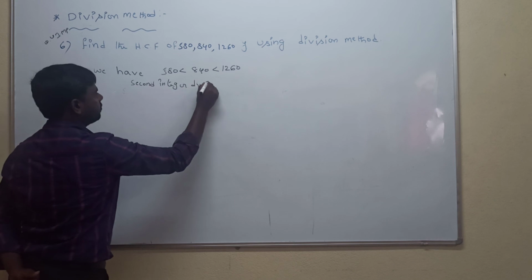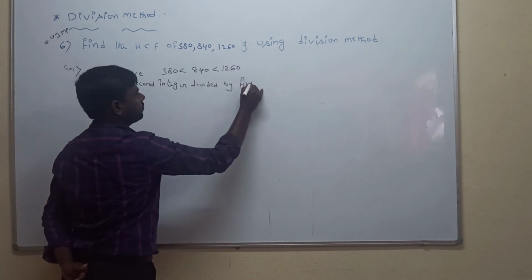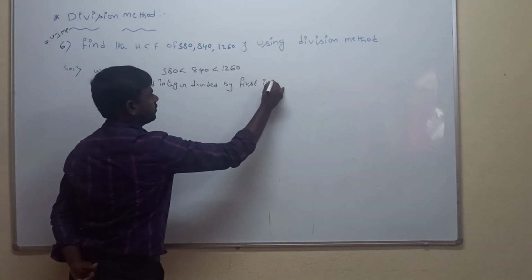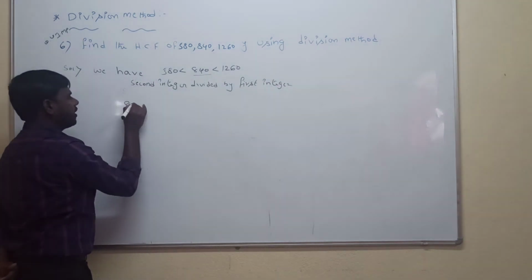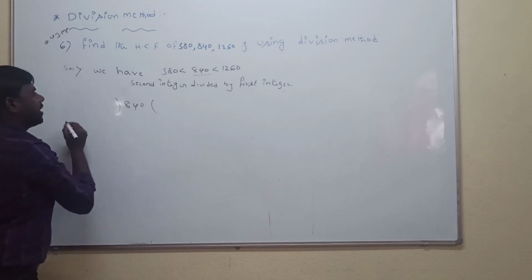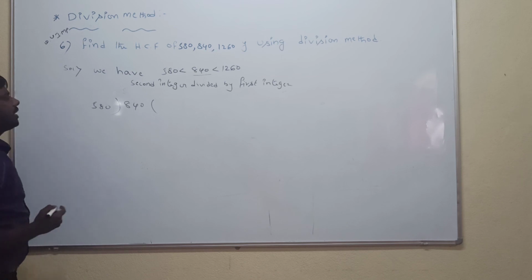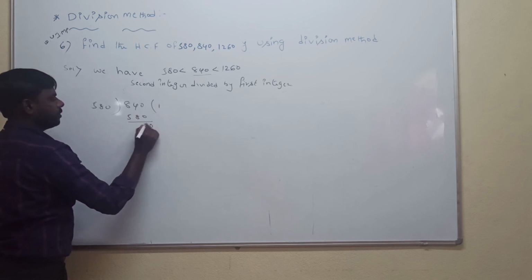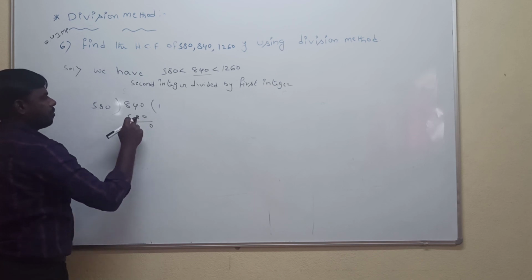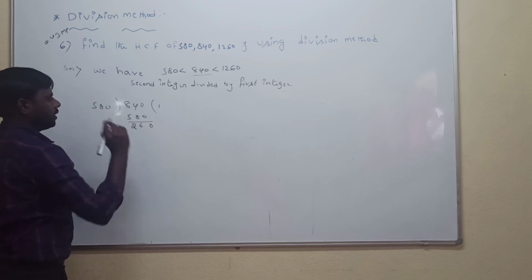What is the second integer? The second integer is 840 divided by the first integer 580. 580 times 1 is 580. 840 minus 580 is 260.